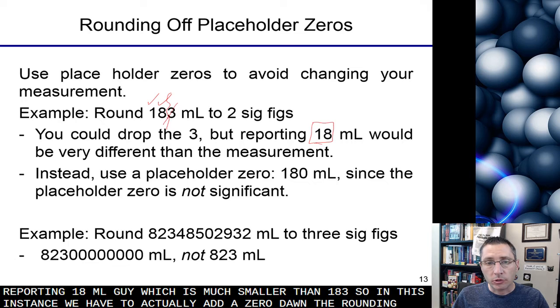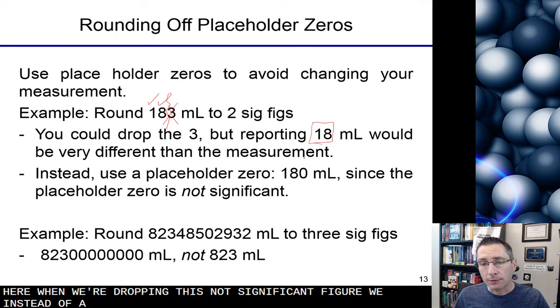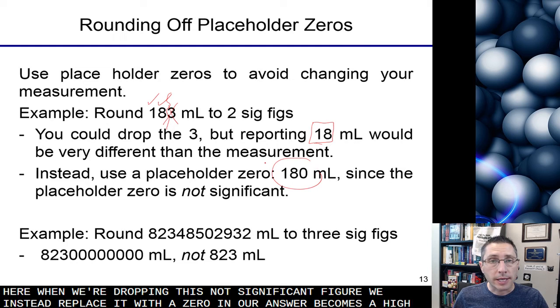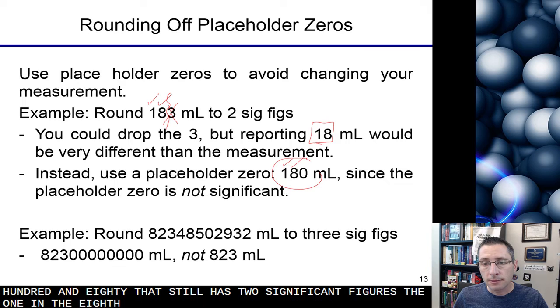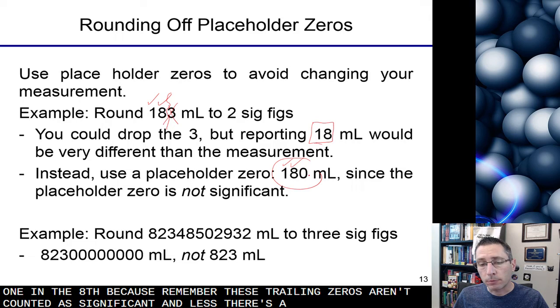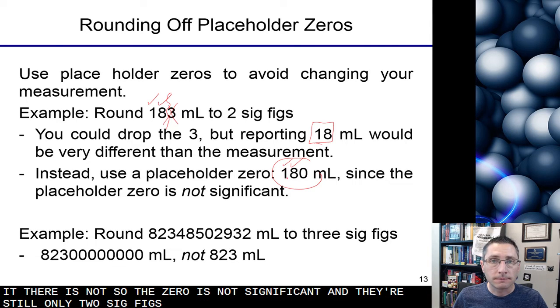When we're dropping this non-significant figure, we instead replace it with a 0, and our answer becomes 180. That still has 2 significant figures, the 1 and the 8, because remember, these trailing zeros aren't counted as significant unless there's a decimal place after it. There is not, so the 0 is not significant, and there's still only 2 sig figs.